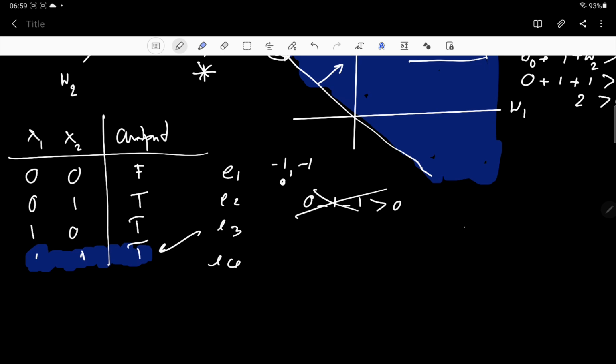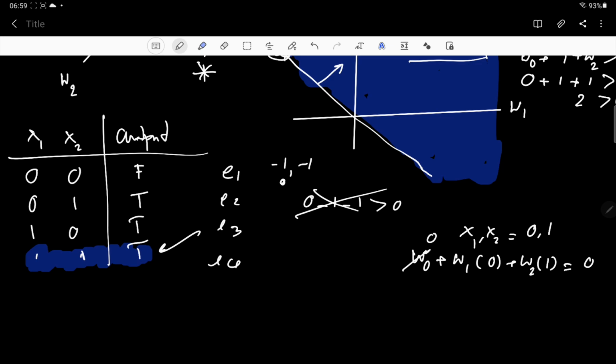E2 has x1 and x2 equal to 0 and 1, right? So our equation is W0 plus W1 x1, which is 0, plus W2 x2, which is 1. This must be greater than 0. If you want to find the line, you have to check that it must be equal to 0.